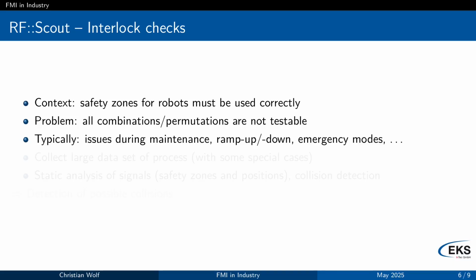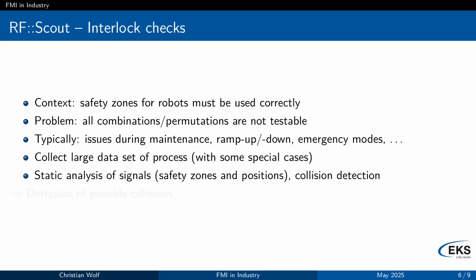And as I already mentioned, there could be some issues during maintenance, up, down, emergency things, ramp up, ramp down, where the robot gets in a situation which is not serious production, and then sometimes issues arise that you are not aware of and you don't want to have them.